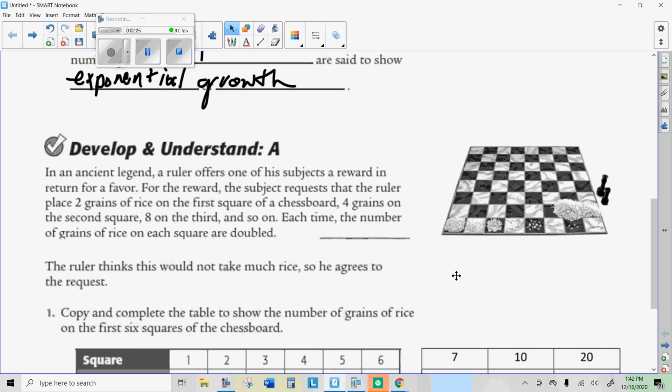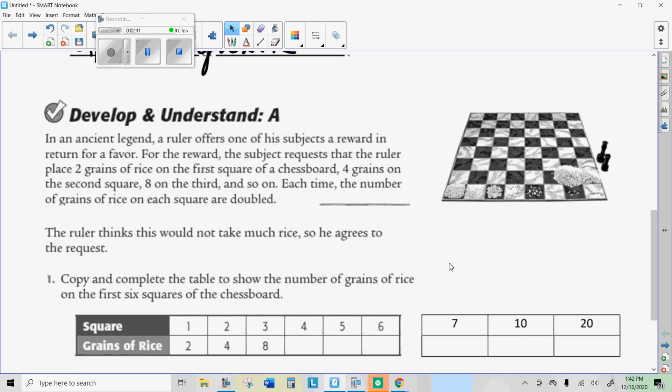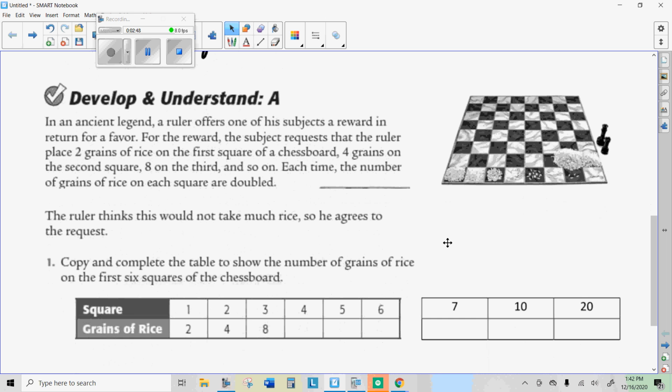It took him a while to figure out what he wanted, but he decided that he didn't ever want to go hungry again. So he asked for 1 grain of rice, well, actually 2 grains of rice on the first square of a chessboard. And then each day, the number of grains of rice is doubled on that chessboard. And then he would just walk away with all the rice on that chessboard.